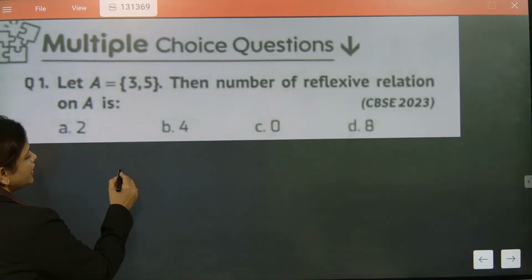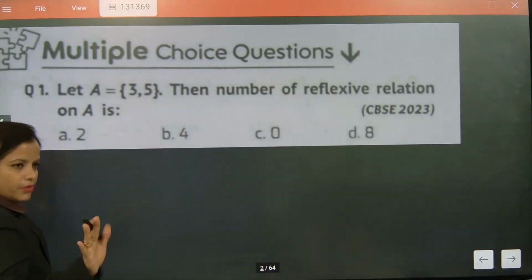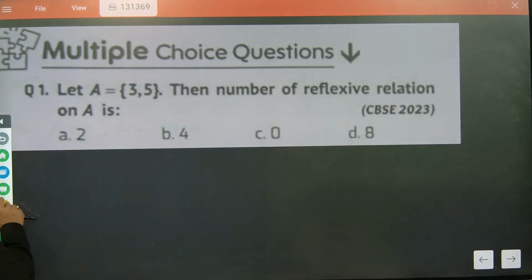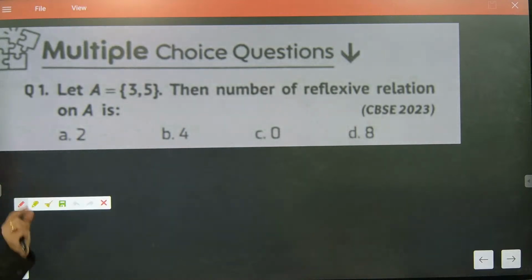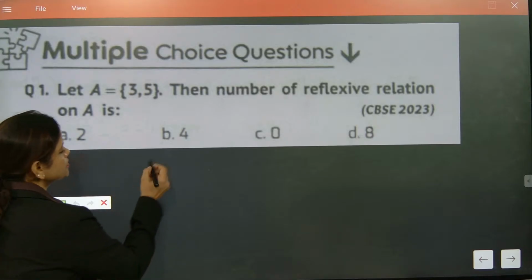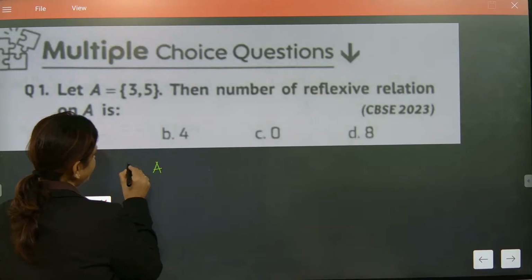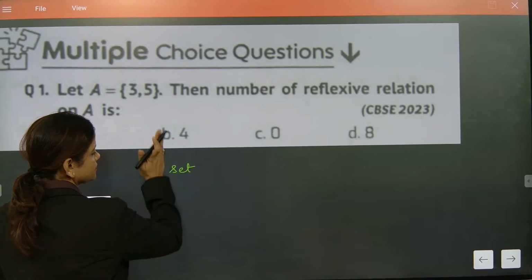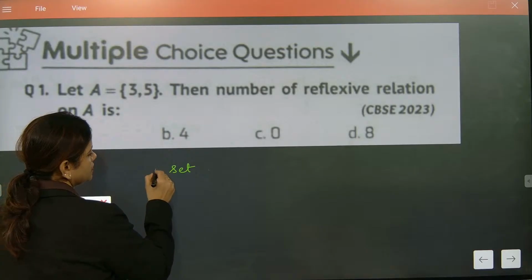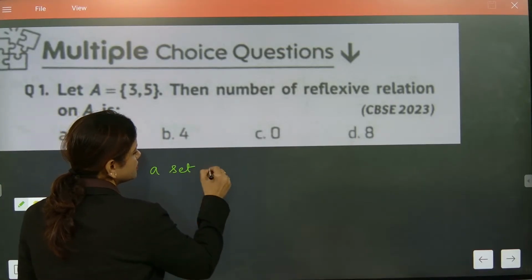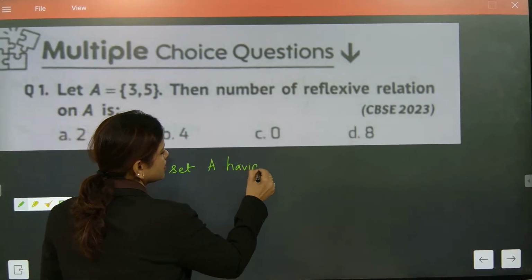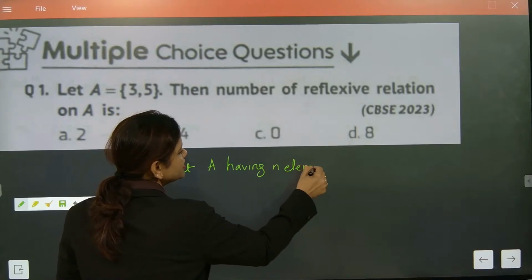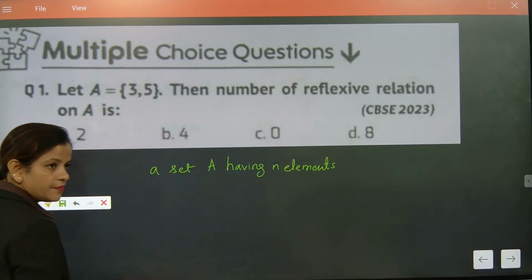If a set has n number of elements, we'll start from the beginning. Write down all the formulas: total number of relations possible, reflexive relations possible, symmetric relations possible. That formula I am now giving you. So first, a set A having n elements. How many elements, beta? N elements.